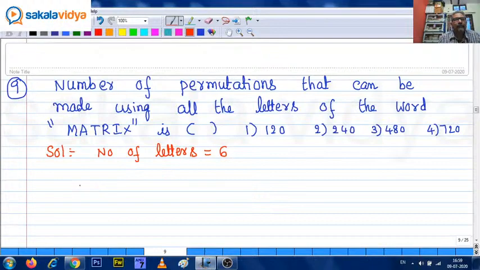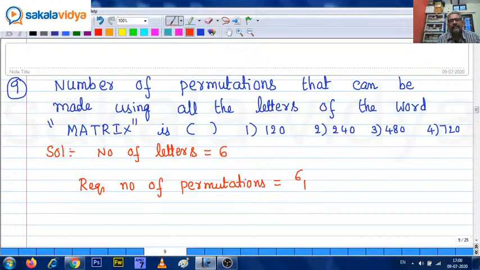Required number of arrangements or permutations equals 6P6. That is 6 factorial. 6 factorial means 720 is the right answer. That means 6 into 5 factorial.